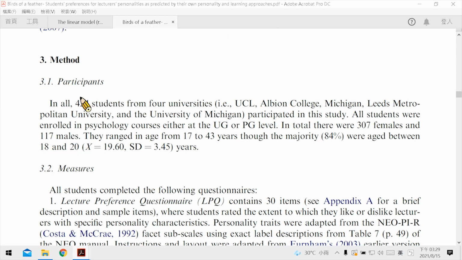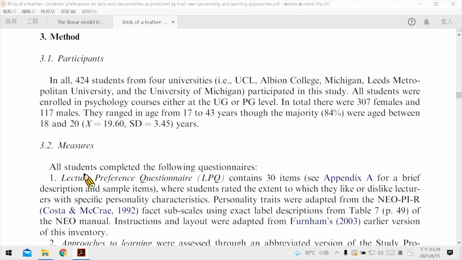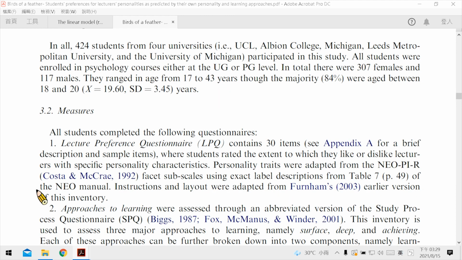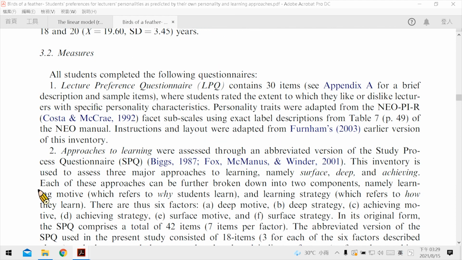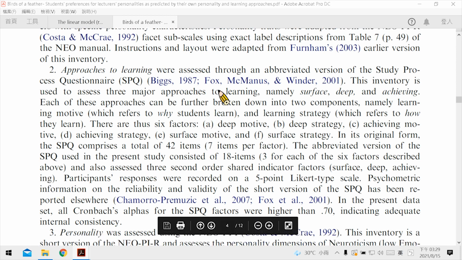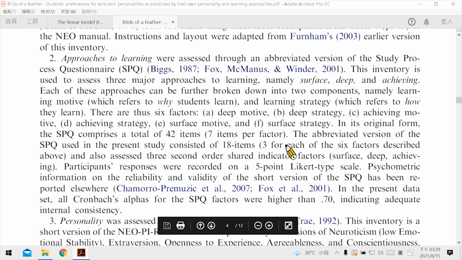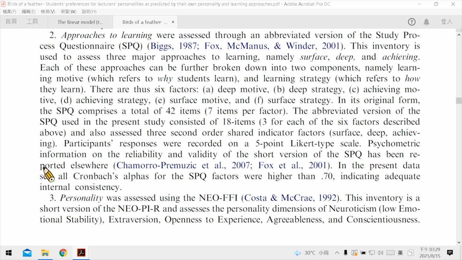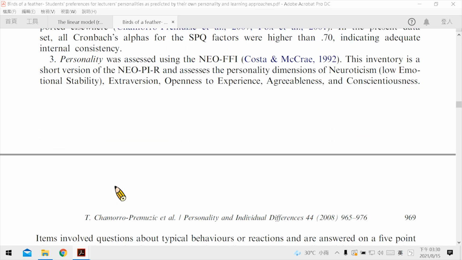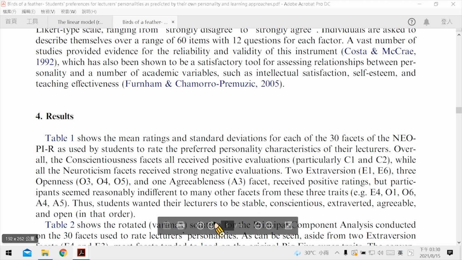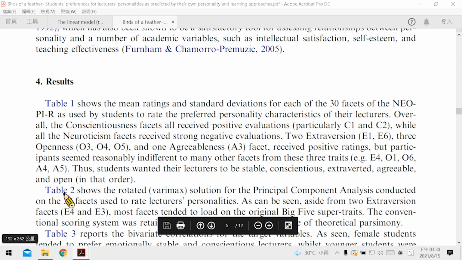The participants are 424, and the measurement is a questionnaire with a number of items on a 5-point Likert scale, and the test Cronbach's alpha is higher than 0.7. And the results, this is the analysis section.